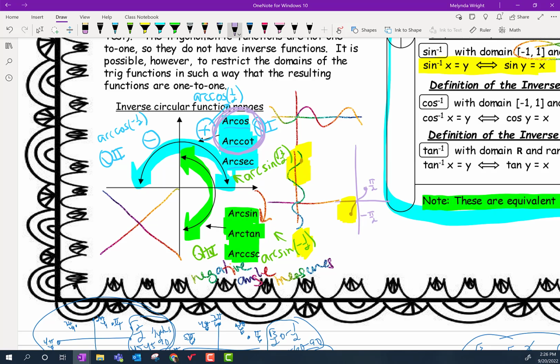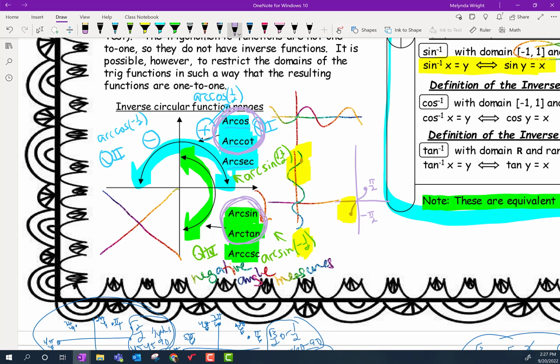And then I like to think about arc sine and arc tangent behaving the same way. So I link them together in my brain so that I can figure out where the cotangent and tangent should be for the inverse functions. Just a little hint if that's a problem for you.